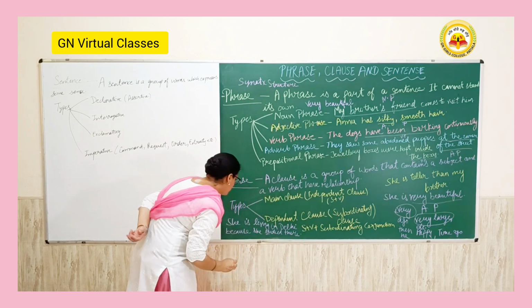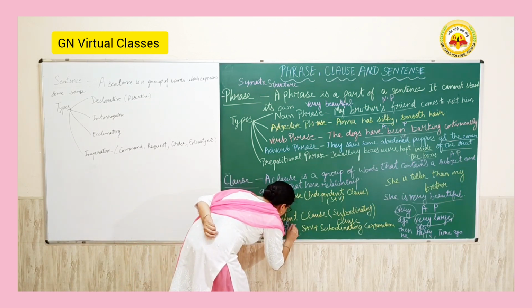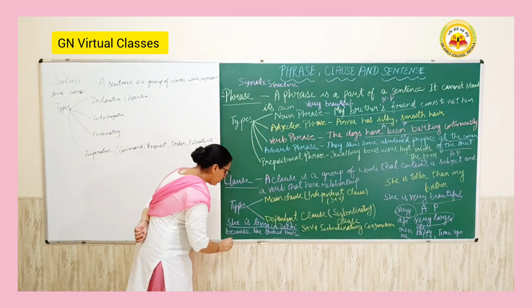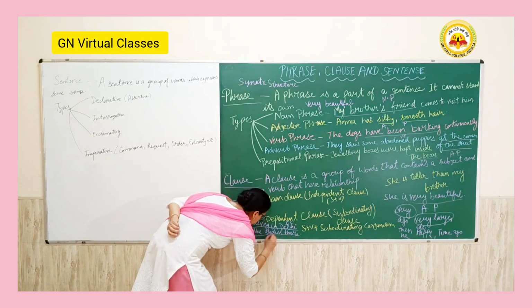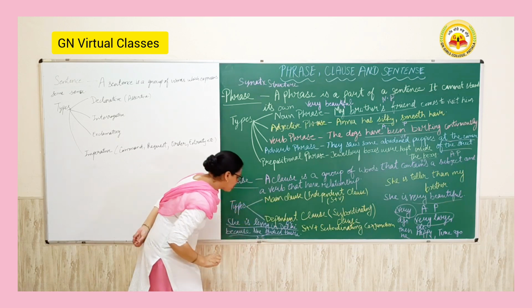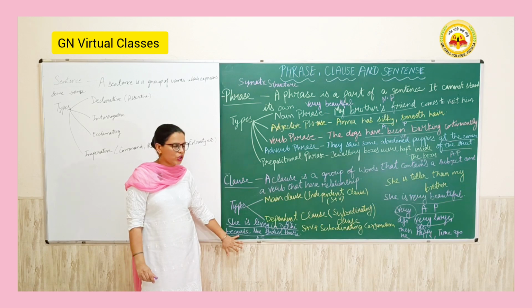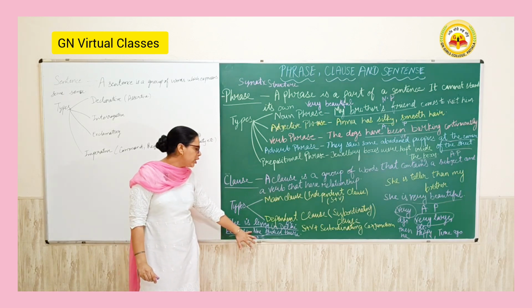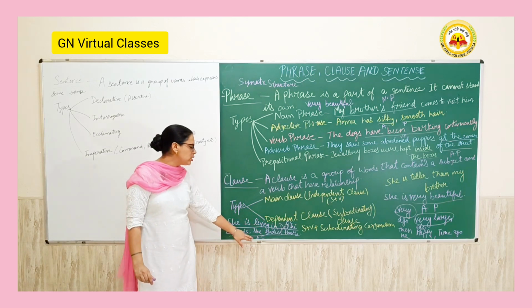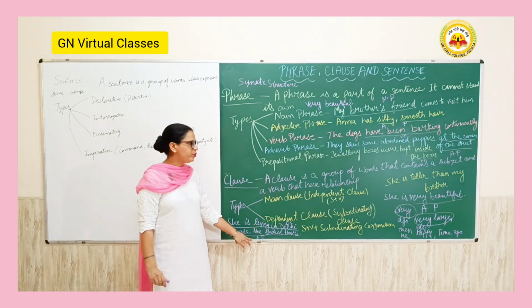In this sentence, she is living in Delhi is independent because it can stand on its own. But because she studied there is a dependent clause, because it is dependent on the independent clause. It is linked with because, which is a subordinating conjunction, and it has a subject and verb also. So this is the dependent clause. It cannot stand on its own.